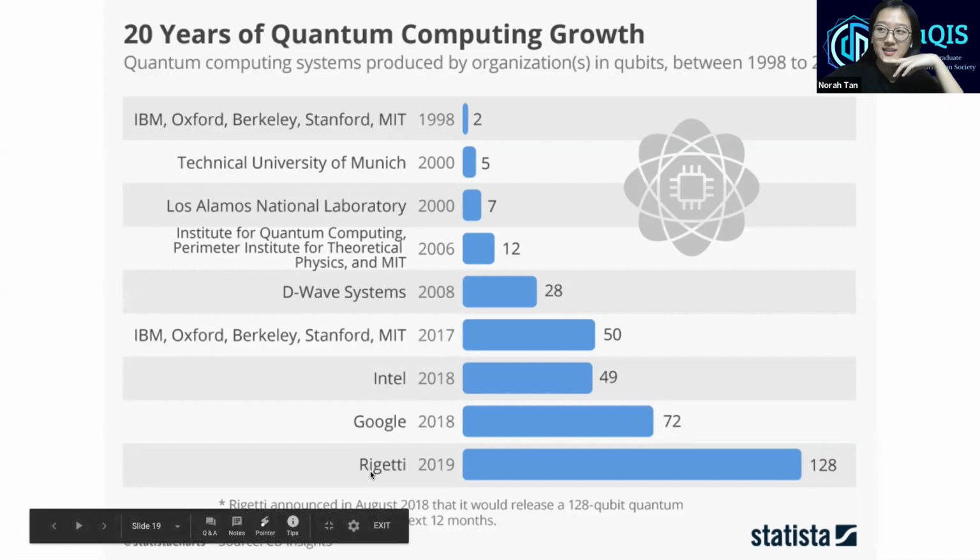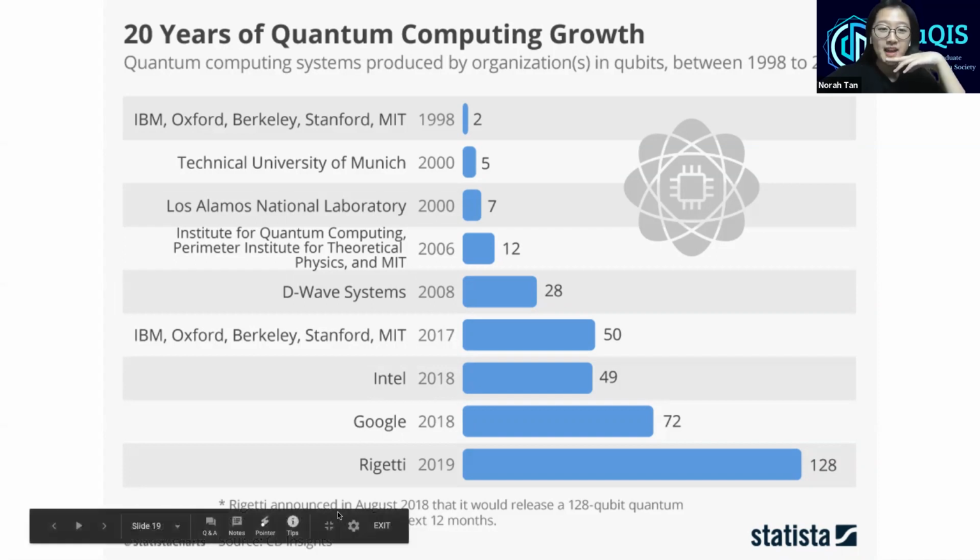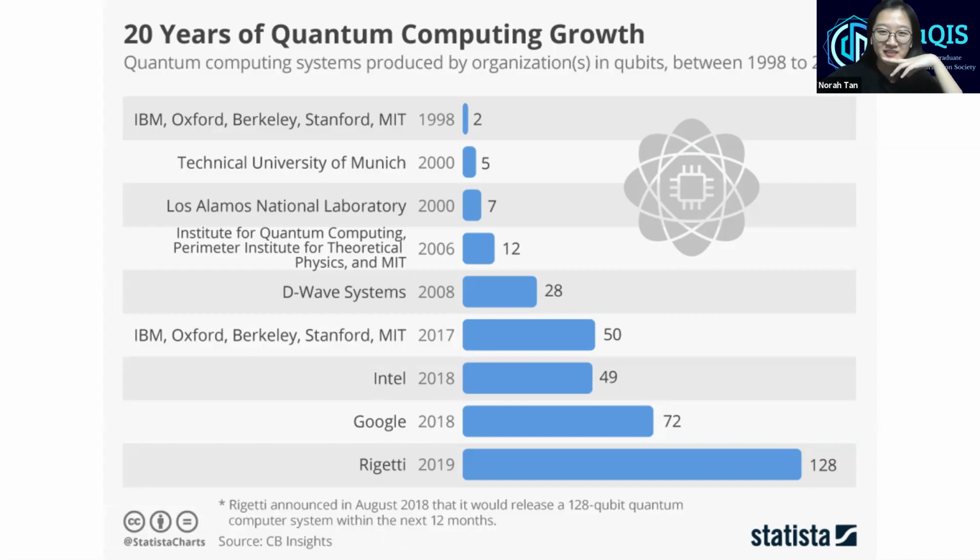And Rigetti said they were going to have a 128-qubit device by the end of 2019. But when I was trying to find news of that, I didn't find it, so maybe they didn't actually realize their goal. And actually this month, IBM announced a roadmap for its quantum computer, saying they will have a 1,000-qubit quantum computer by 2023.